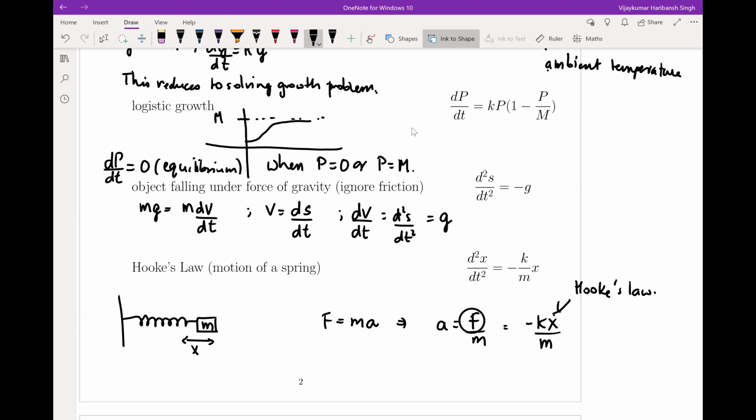So we are essentially solving, in that case, what is the acceleration? d square x by dt square, that is going to be minus k by m times x, where x is position from the equilibrium position. Okay, so there is an equilibrium position in which the spring is stable, and a is the acceleration.